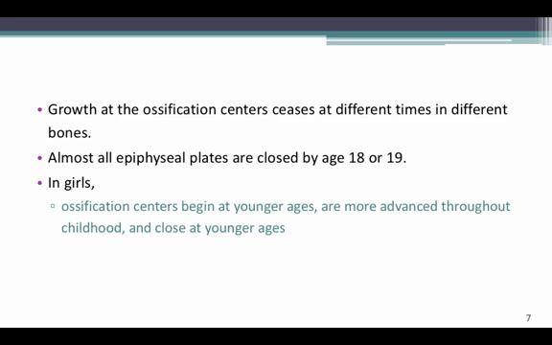While the growth at the ossification centers ceases at different times, almost all of the epiphyseal plates are closed by 18 or 19. In girls, the ossification centers begin at a younger age and are more advanced throughout childhood and close at younger ages. Tying this back to our previous lecture, we know that girls reach their peak growth in height earlier than boys, and the earlier closing of the epiphyseal plates contributes to this.